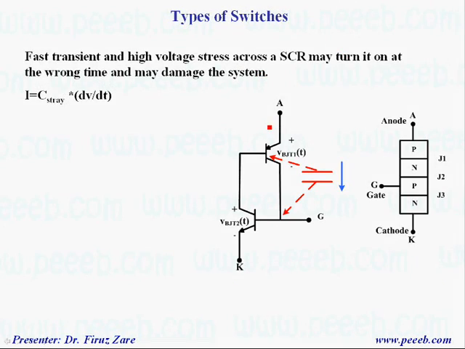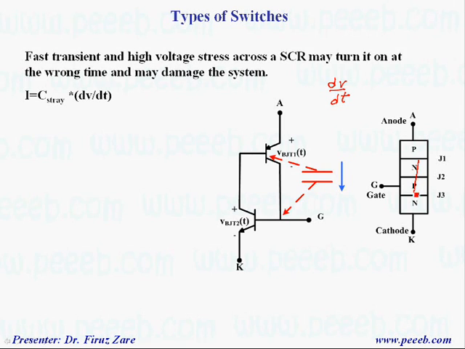When we design a power electronic circuit with thyristors, we have to control the voltage stress across the thyristor. That means we have to control dv/dt. Because a thyristor is a 4-layer device, we can consider it as two transistors in this configuration. The first transistor is a PNP transistor.